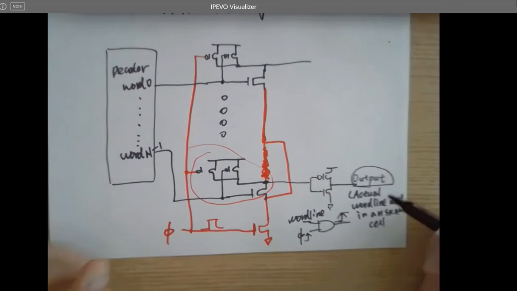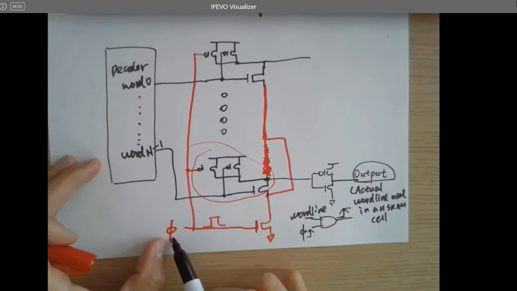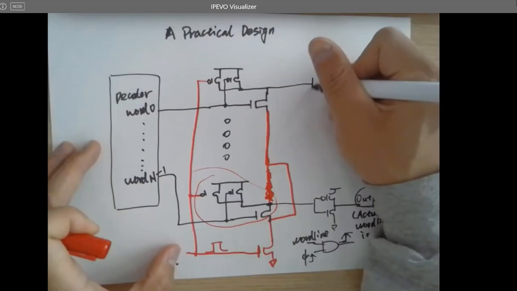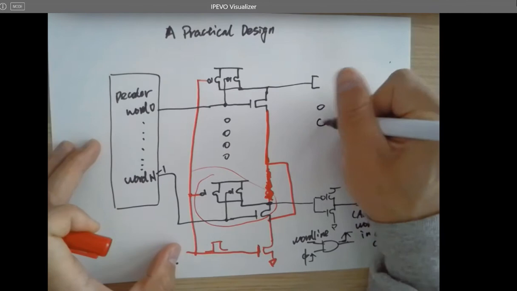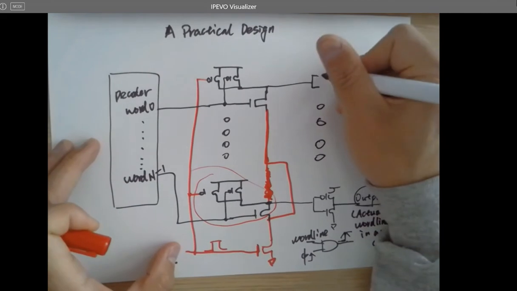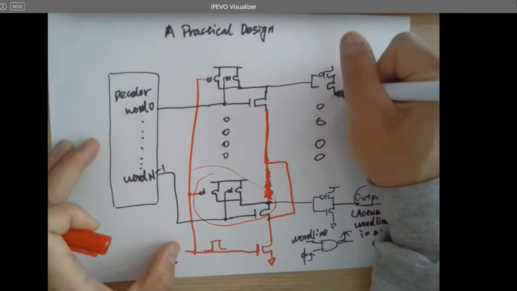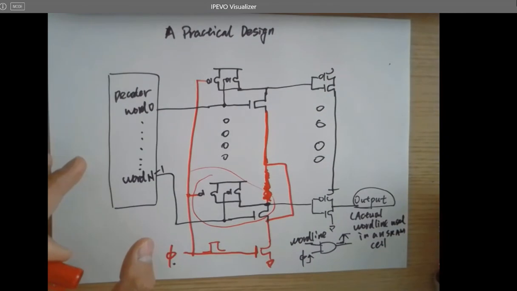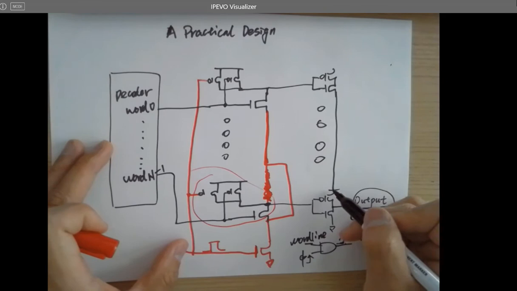And how to control the clock? You just connect the clock signal to the other input of the AND gate. So definitely here you need another inverter. You need many inverters in between. And all the drains should be shorted together. The sources should be shorted to the drains.